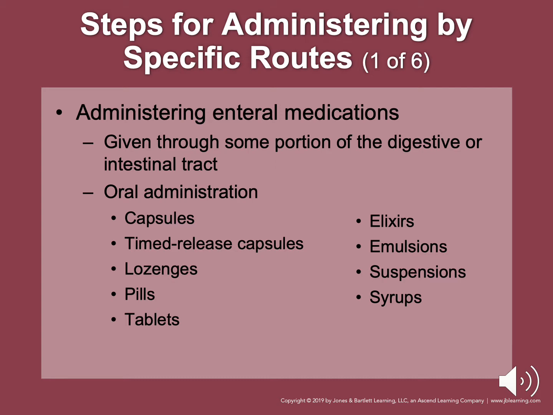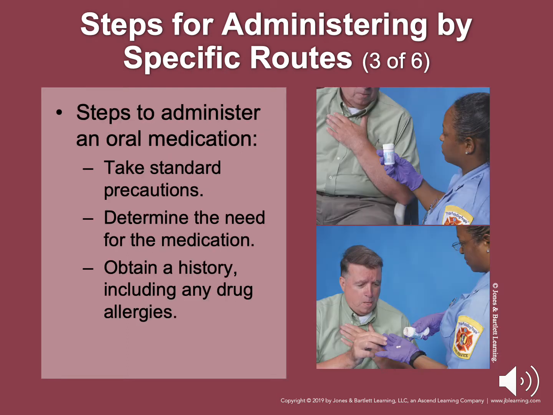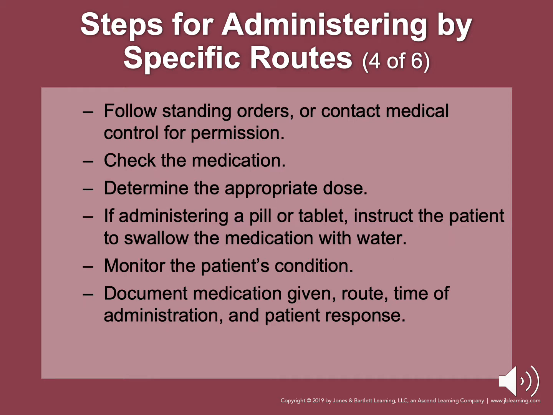Rectal administration: if rectal administration of D50 is allowed, it should only be used as a last resort, when the patient may be hypoglycemic and no other route is optional. To administer a drug rectally, when inserting a suppository, use a water-soluble gel for lubrication.